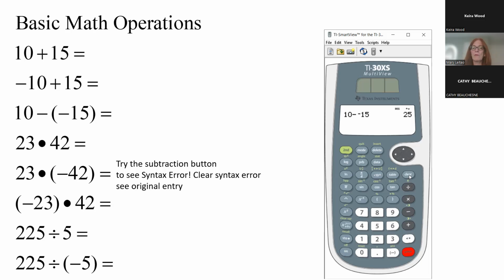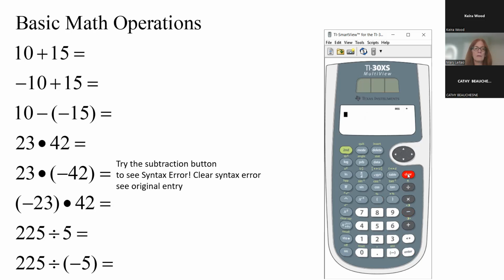Some students prefer to use it as it's set up with parentheses. So I'm going to clear that. 10 minus, then parentheses, negative 15. Close parentheses, enter. Same answer. Few more steps, but same answer.